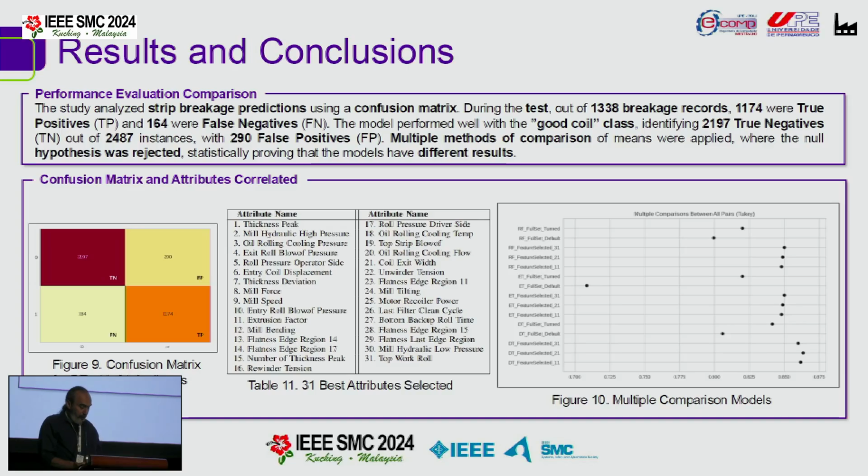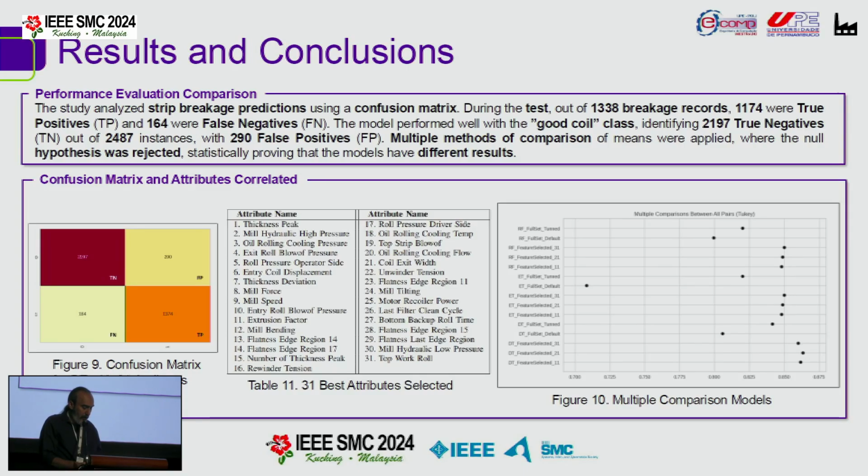Results and conclusions. The study analyzed strip breakage predictions using a confusion matrix. During the test, out of 1,338 breakage records, 1,174 were true positives and 164 were false negatives.